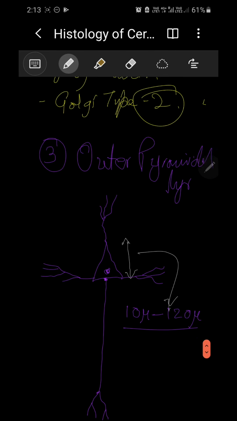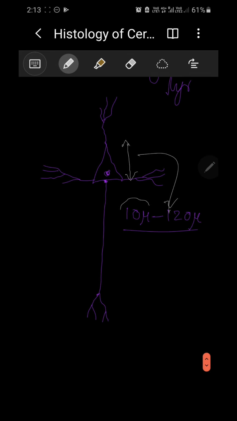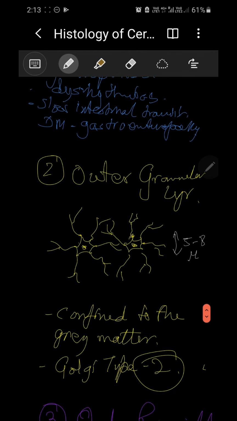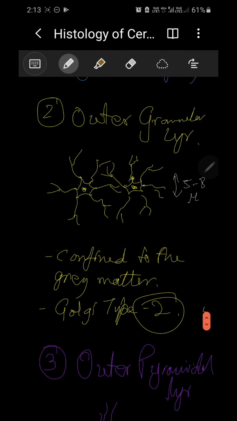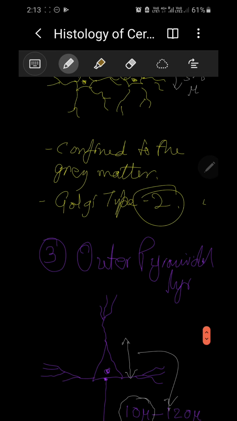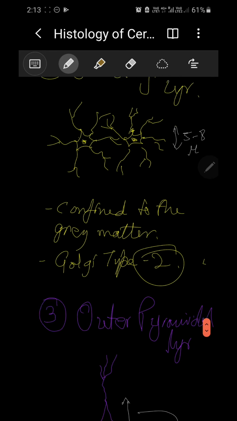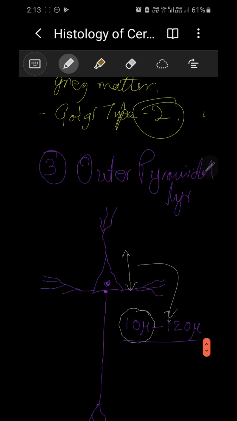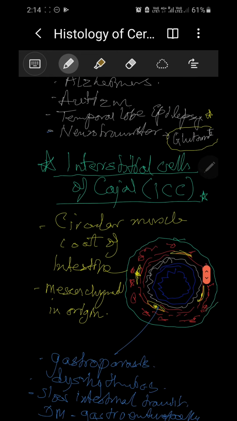Even the smallest extent of these pyramidal cells is 10 microns. So even the smallest pyramidal cell is bigger than the granulocytes. Okay, and remember, granulocytes are receiving the afferents, while these are the ones which are giving out the efferents. So they are like the sensory neurons, and these are the motor neurons, outer pyramidal cells.